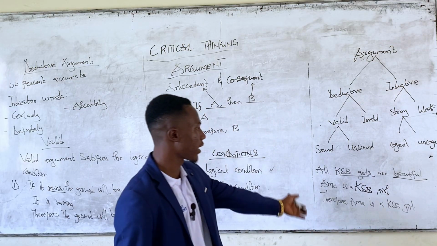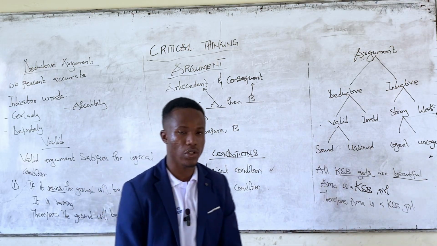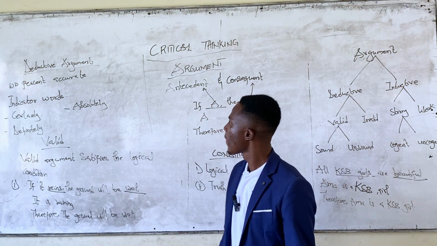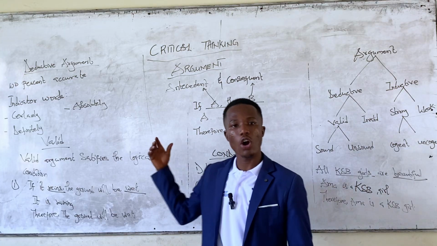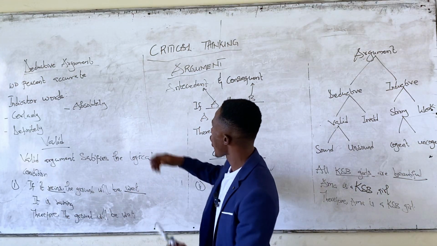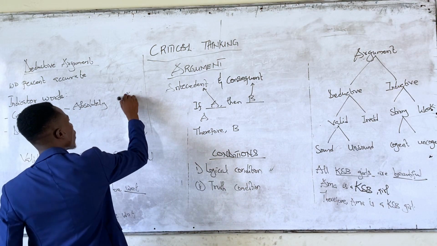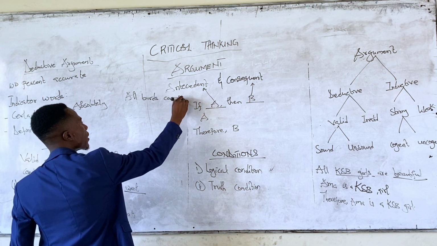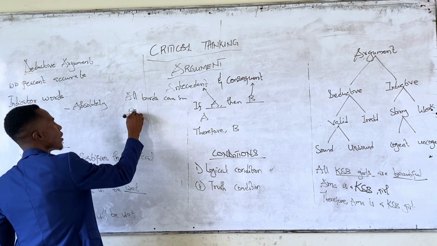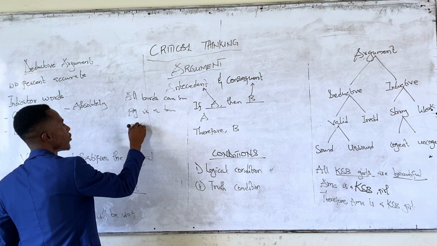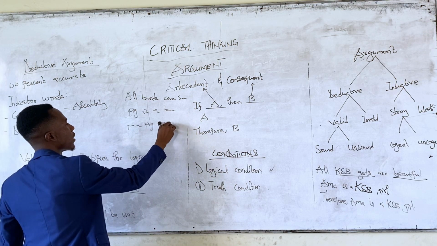You can also use the case of the girls being beautiful. You can also use, let's say, all birds can sing, pig is a bird. So therefore pig can sing.